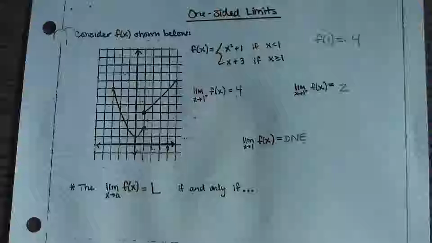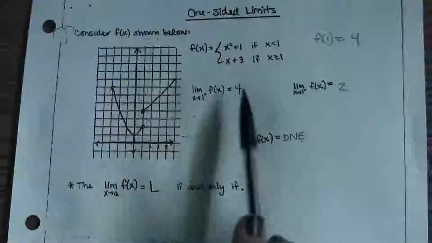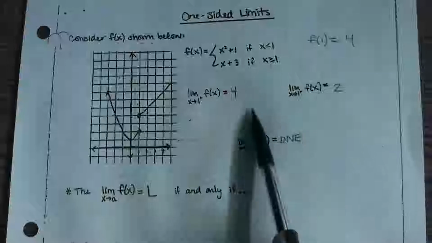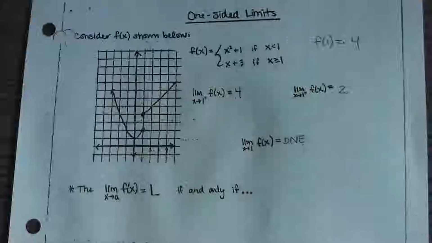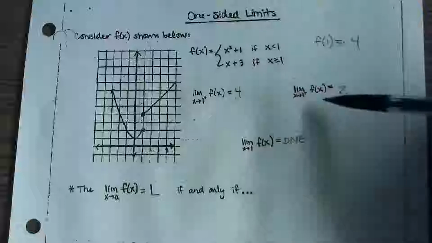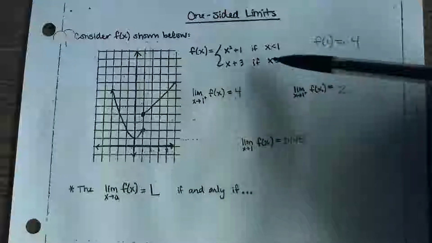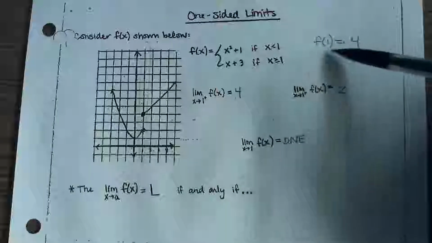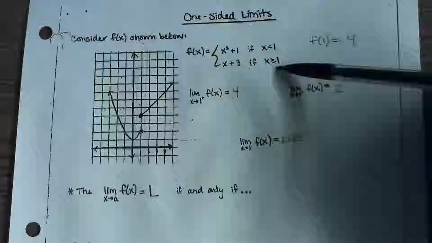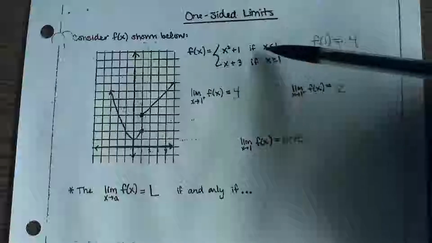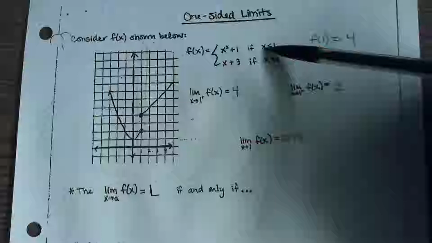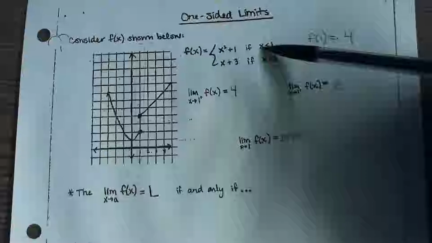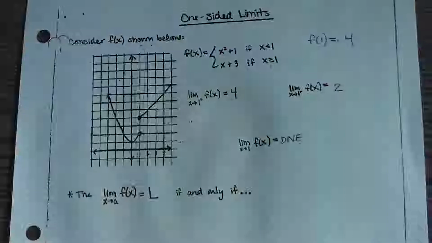So that makes sense. But these two didn't match, so of course there's no way all three are going to match. But it's kind of interesting because even though f of 1 has to go into the second equation, if we are approaching 1 from the left, we would plug 1 into the first to see where that open circle is, which is a little bit different.